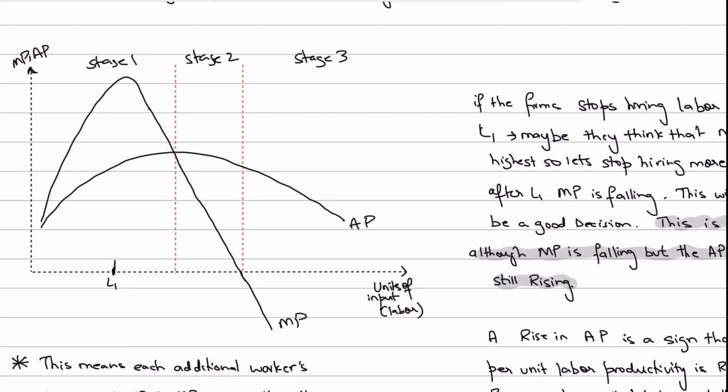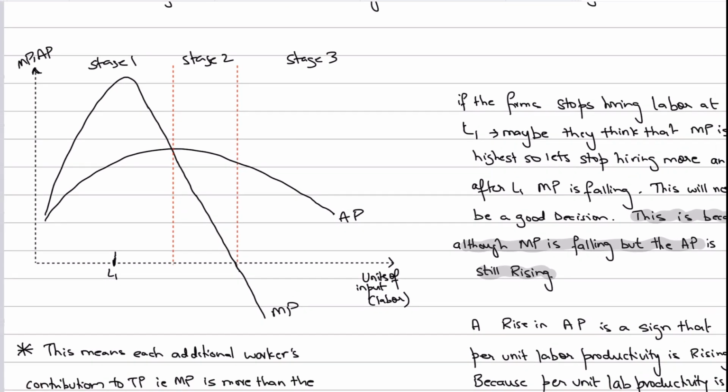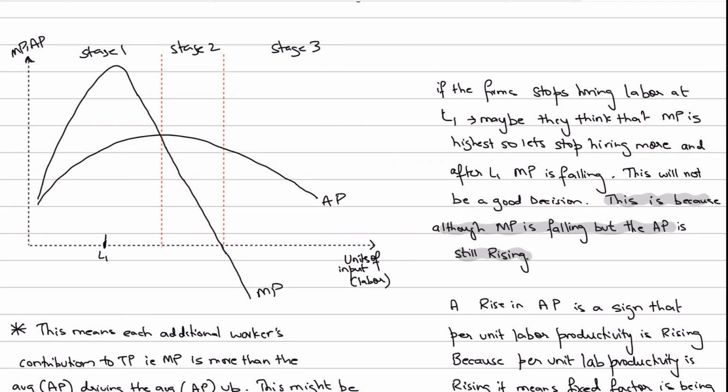It's telling us the labor productivity per unit of worker employed, that on average, what is the output that each worker is producing, right? So it's definitely giving us insights into labor productivity and labor efficiency.